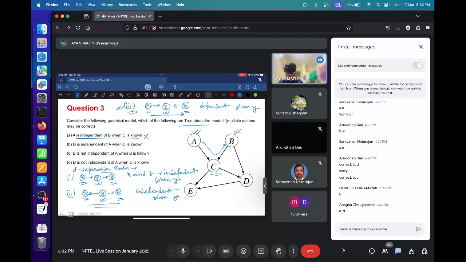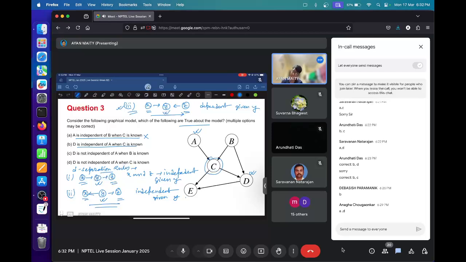Now option B says D is independent of A when C is known. So we have to find out the relation between D and A when C is known.